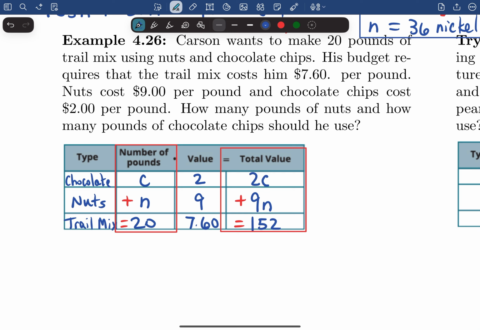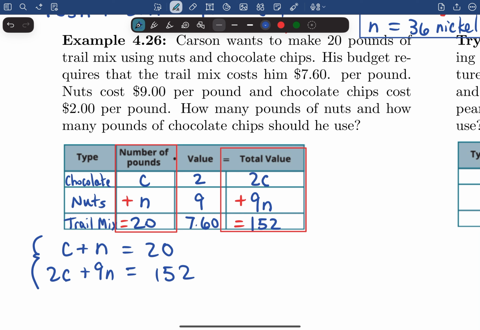And so we move forward and we say, well, C plus N equals 20. And also 2C plus 9N equals 152. This is my system of equations. And at this moment, you are the one that decides. Do you want to use the elimination method, or do you want to use the substitution method?